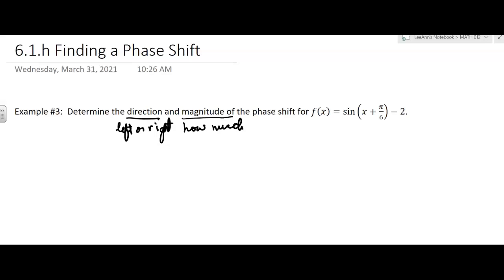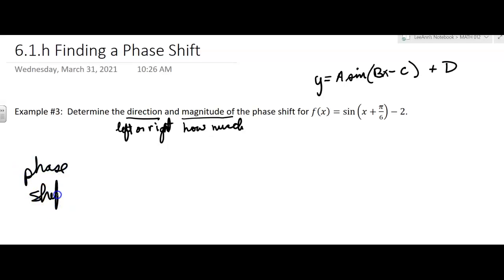So using our function, y equals a sine, it's a sine curve, bx minus c plus d, then c over b, so the phase shift is negative pi over 6 divided by, so that's c right there.